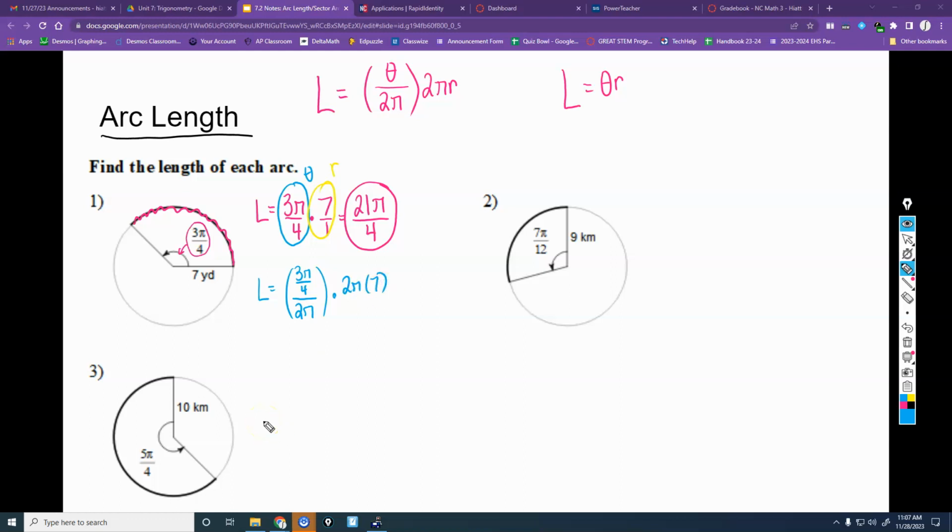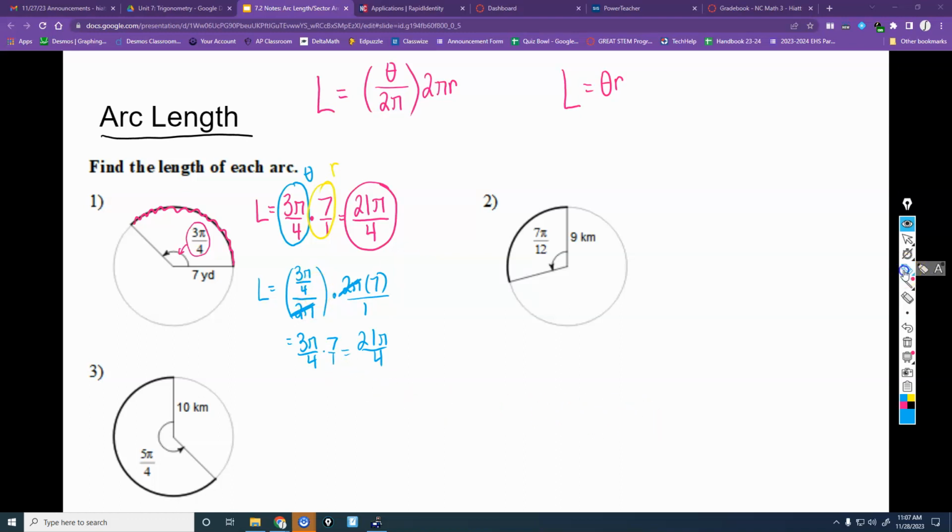But really what happens here is the same thing, because this is over 1, and so that 2 pi right there cancels with the 2 pi right there. And then you just have to do 3 pi over 4 times 7, which is just what we just did, 21 pi over 4. So it's easier to use the one that already has the 2 pi's canceled out, but if you use the longer formula, the same thing's going to happen every time. Those 2 pi's will cancel.